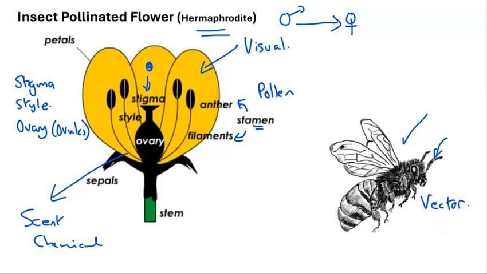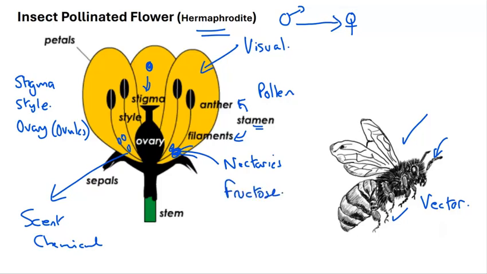But the reason why the bee, or the insect, is actually going to the flower is because the flower is going to provide the animal, the bee in this case, with a source of food. And that is produced in nectaries and takes the form of fructose.